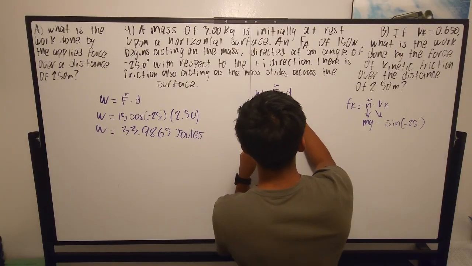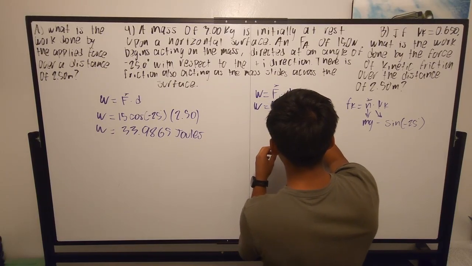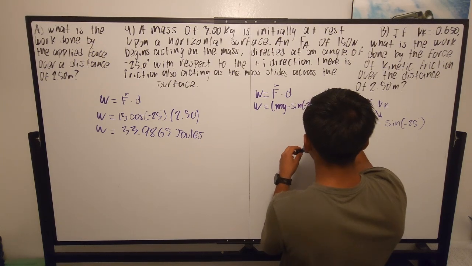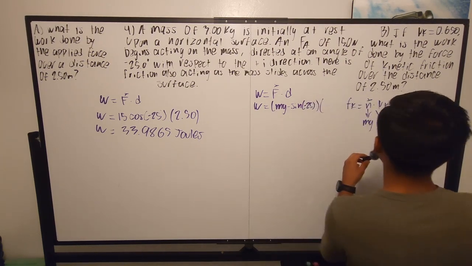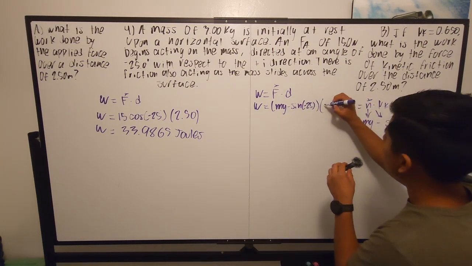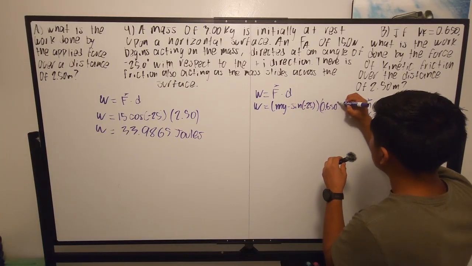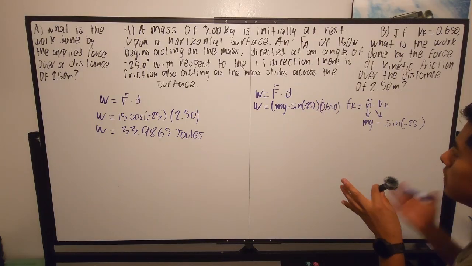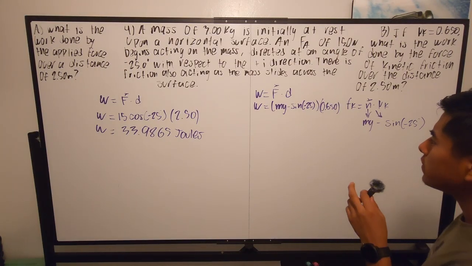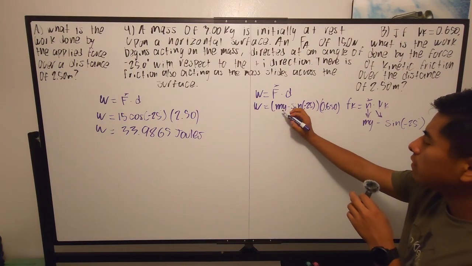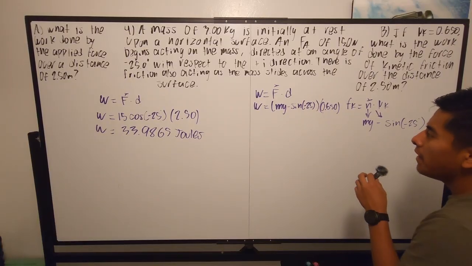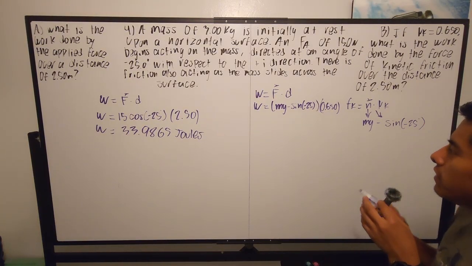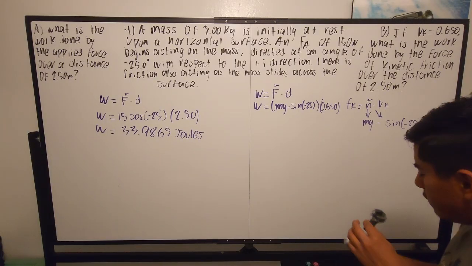Now let's plug all of this in. We have mg minus the sine of negative 25 degrees, multiplied by mu k, which is 0.65. We know everything here, so we can just go ahead and solve. This whole thing is equal to the normal force, because the normal force now has to not only fight against gravity, but also against this applied force.